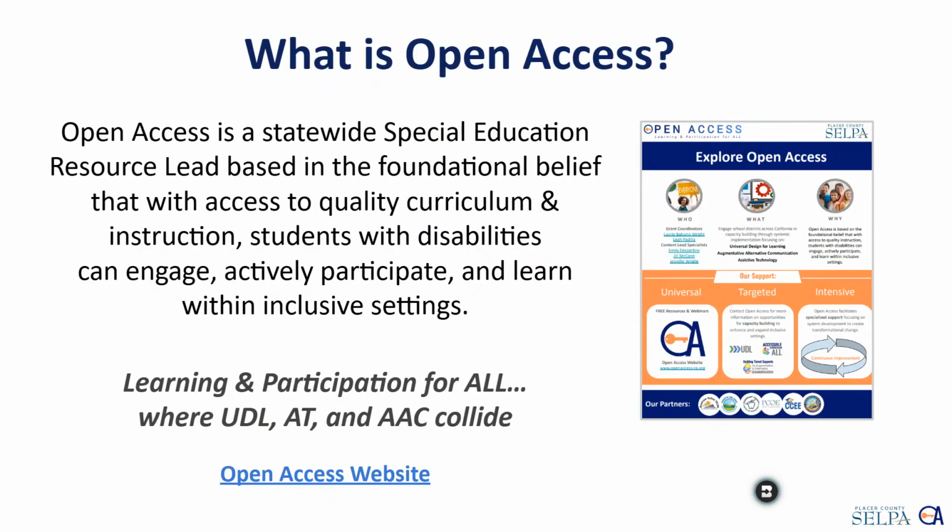And what makes our project unique is that we highlight the importance of learning and participation for all through our 3 project areas: universal design for learning, assistive technology, and augmentative alternative communication. So on this page, you will see a link to a flyer that if you're interested in finding out more about our grant project, it will really review the different levels of support that we offer, which include universal supports, targeted supports, and intensive supports.